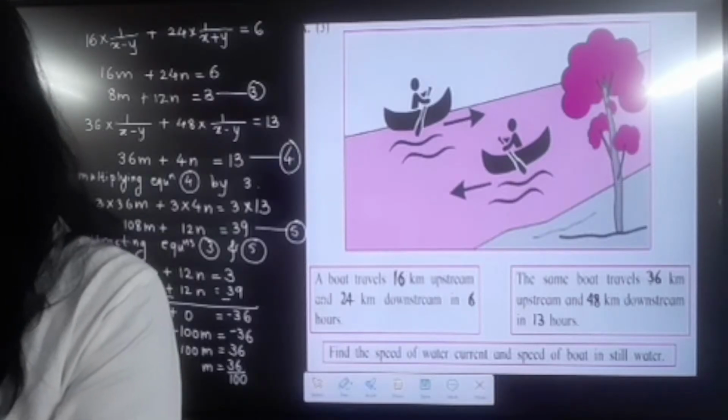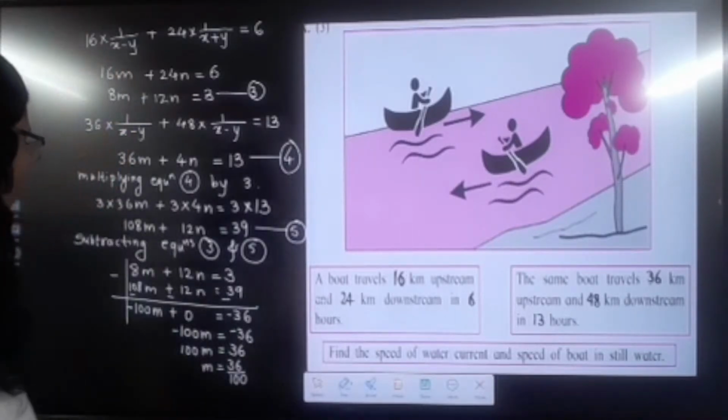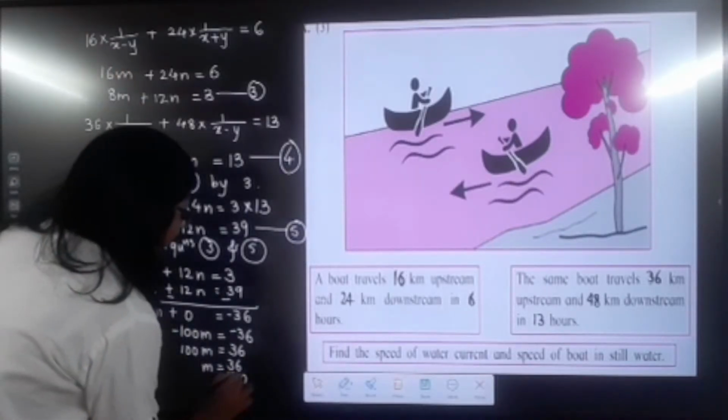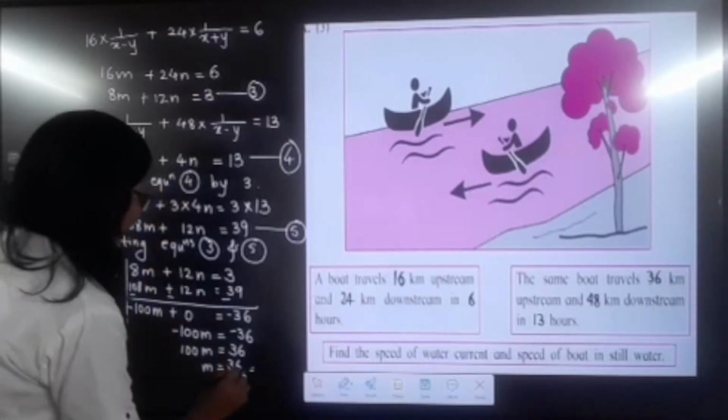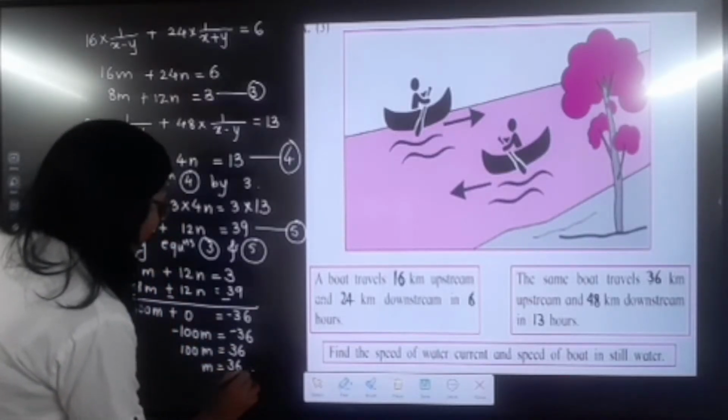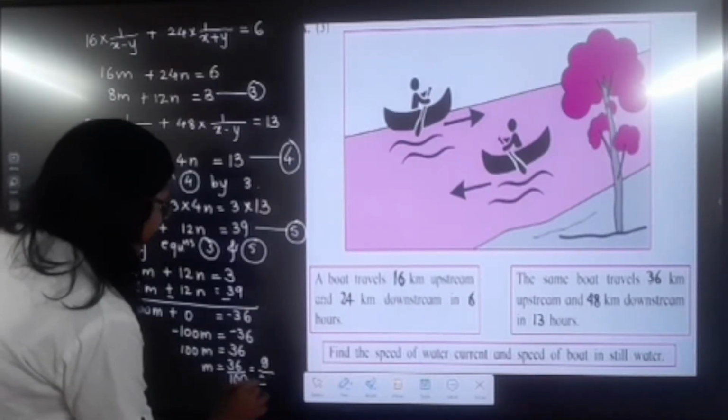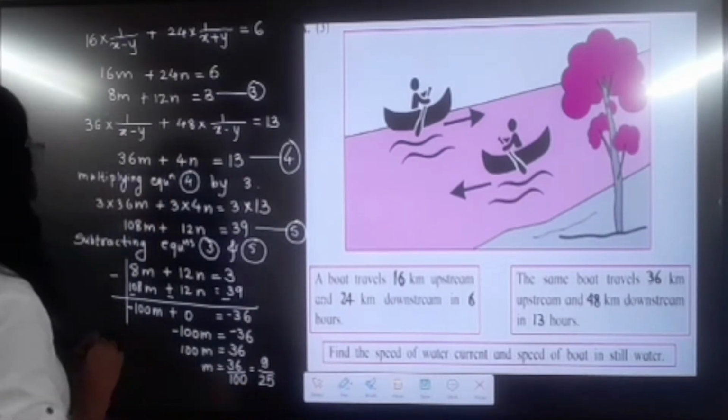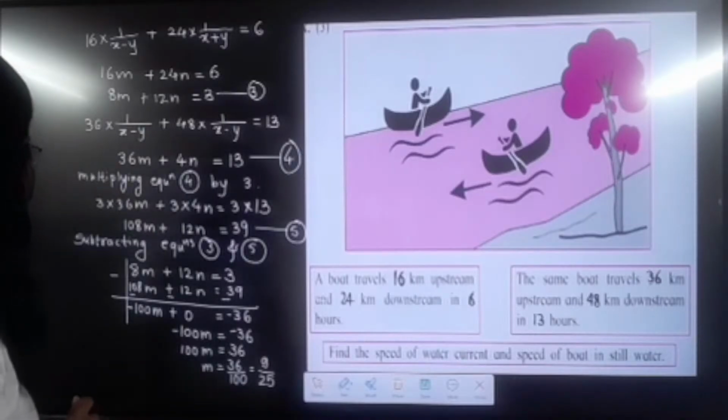4 nines are 36, 25 upon 9. So there is some mistake here.